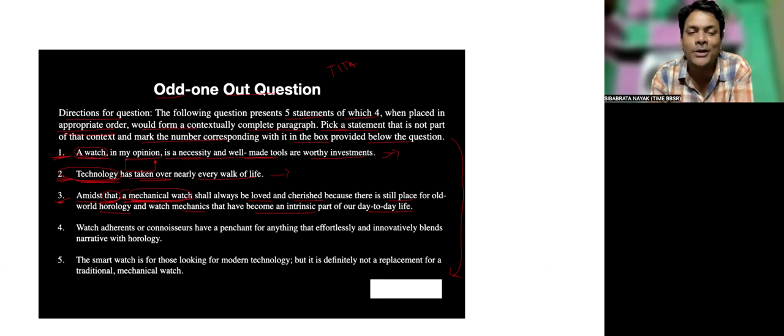Because of its old world horology. When we talk about horology, the word indicates nothing but the design, arts and science of that, you can say the art and science of designing and measurement, right? And watch mechanics that have become an intrinsic part of our day-to-day life.